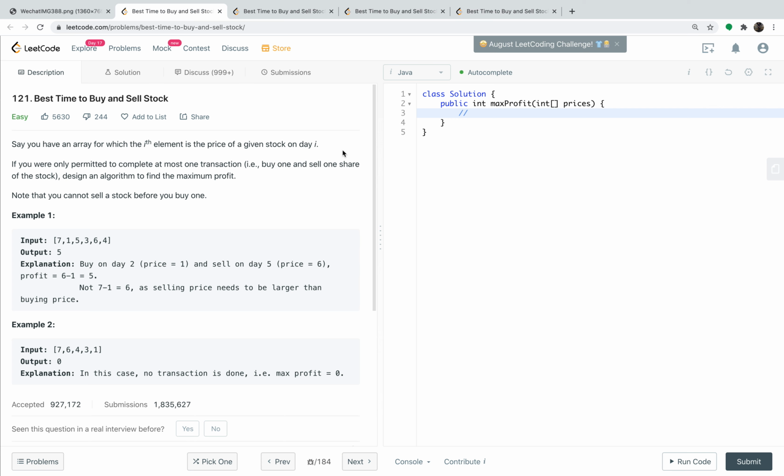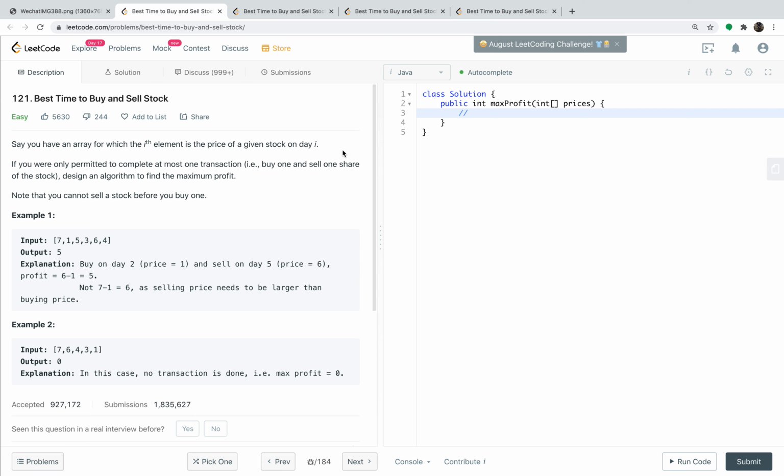So the intuitive idea is obvious, is that you want to make sure the money you buy the stock is the minimum, and the slot you sell the stock will make you the maximum money.